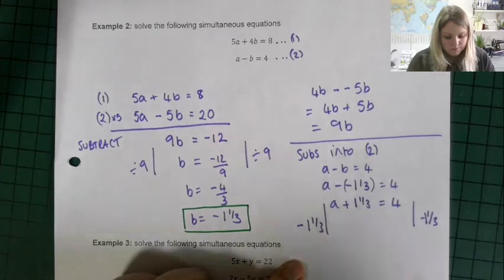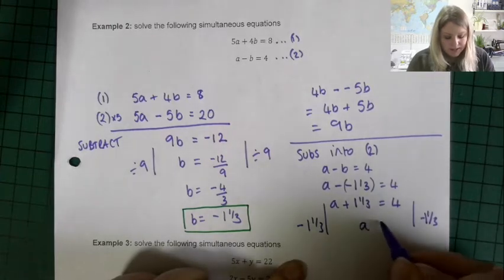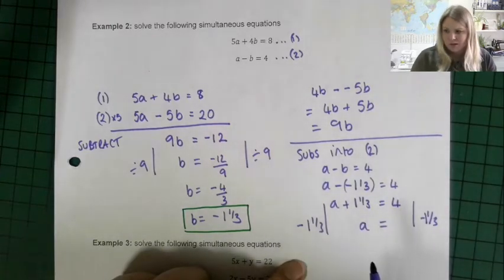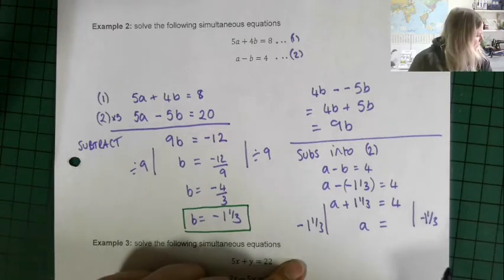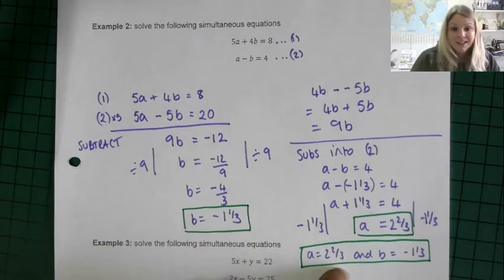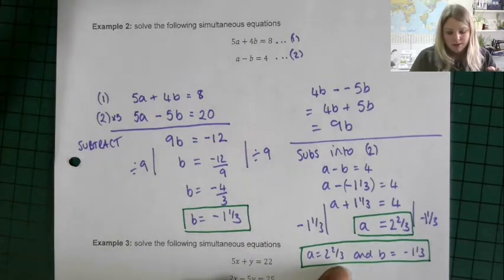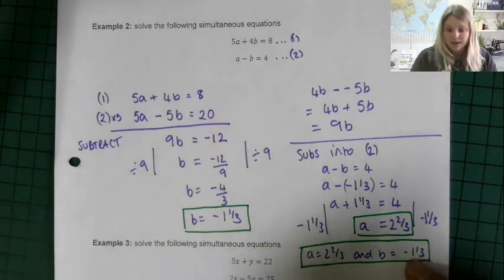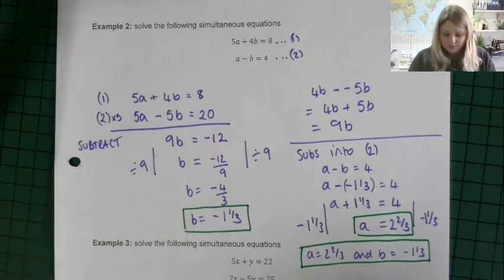Oh, wrote that wrong. So that leaves me with a equals 4 take away 1 1/3. What's that going to be? 2 2/3? Yeah. Okay. So here's my final answer for this one. Remember, final answers will always be the two things, the two letters, so something and something else.